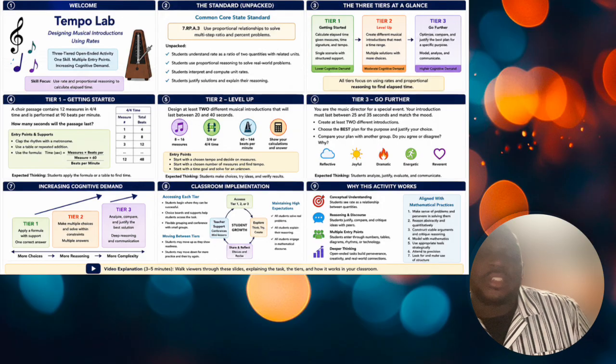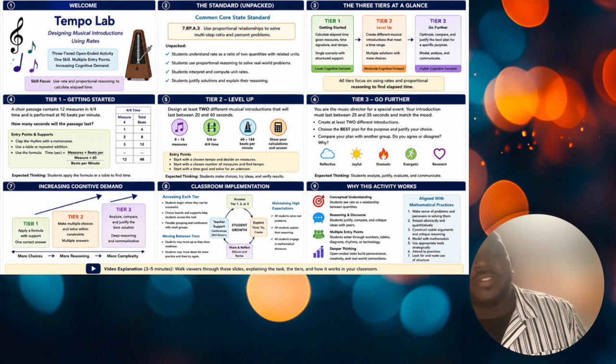Now we have to put this into practice. They're the music director for a special event, and their introduction has to last between 25 and 35 seconds and match the mood. First they're going to pick a mood, whether it's reflective, joyful, dramatic, energetic, or reverent.